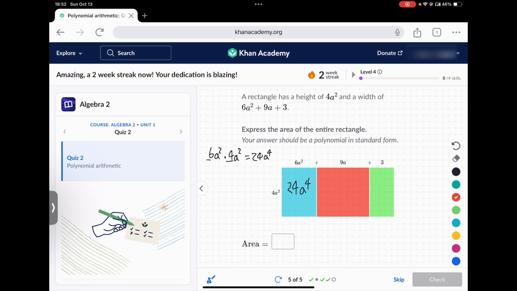In the second red part, 4a squared times 9a, multiply each coefficient, equal to 36. And if you multiply these unknown quantities, that is to the power of 2 and 1, and if you add those 2 up, it's going to equal 3, so it's going to be a with exponent 3. In the last term, 4a squared times 3.